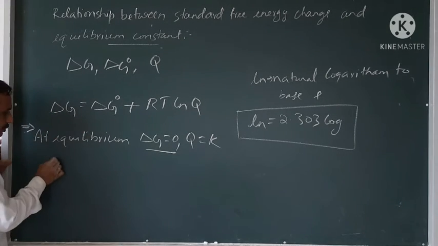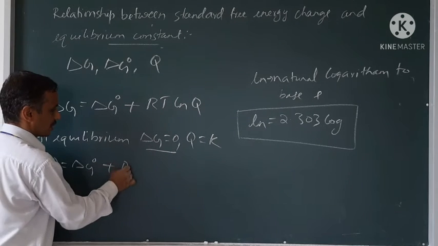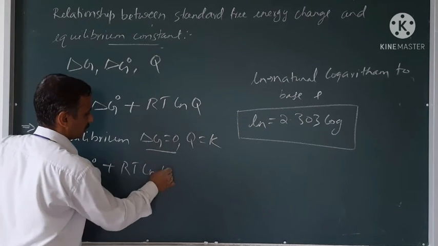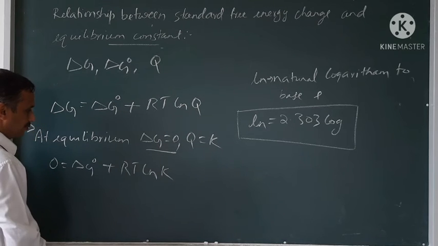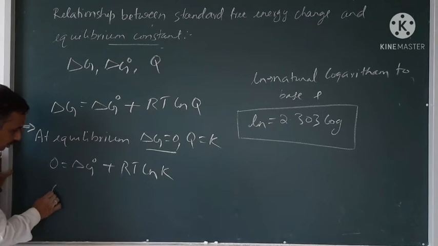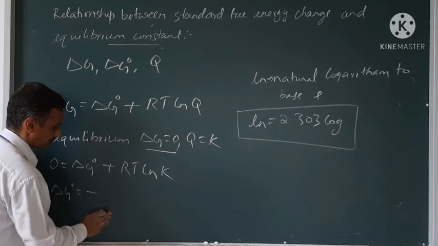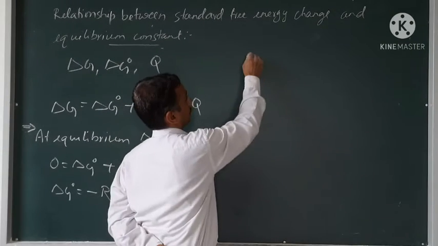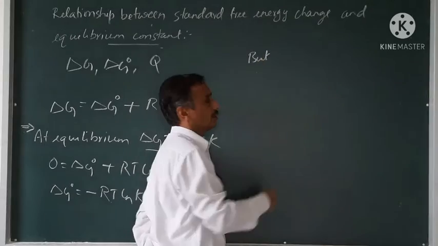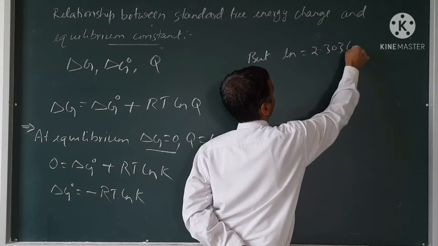Now, substitute: 0 is equal to delta G naught plus RT ln K. Wherever the Q is there, I wrote K. Or delta G naught is equal to minus RT ln K. But ln is equal to 2.303 log.